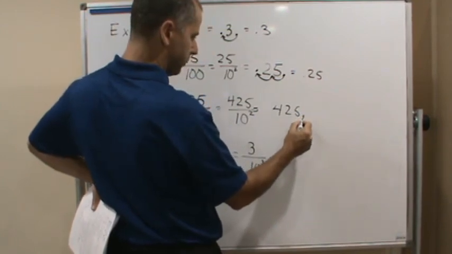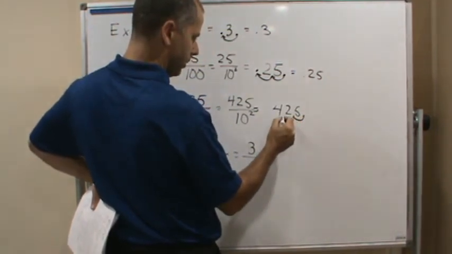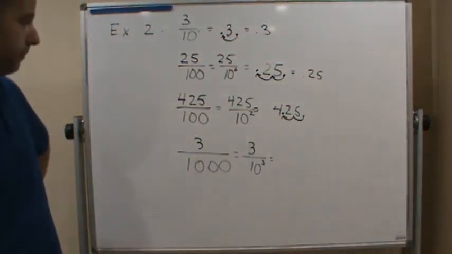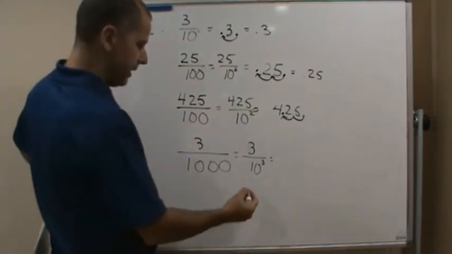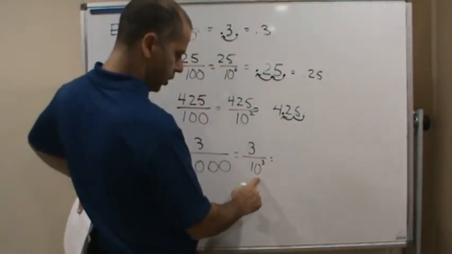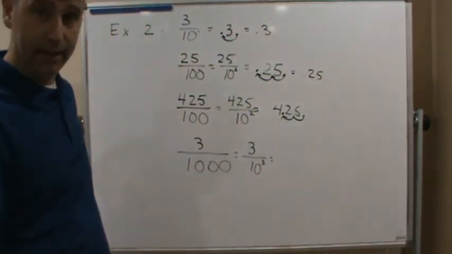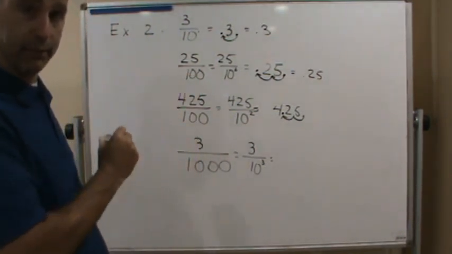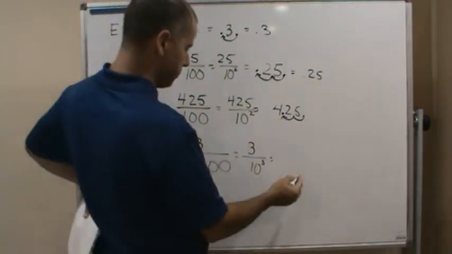And we're going to move the decimal point two spots to the left. And the same thing here. 10 cubed means we're dividing by 10 three times, which means we're going to move the decimal point to the left 3 place values.